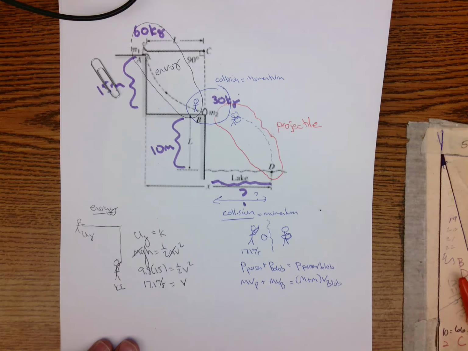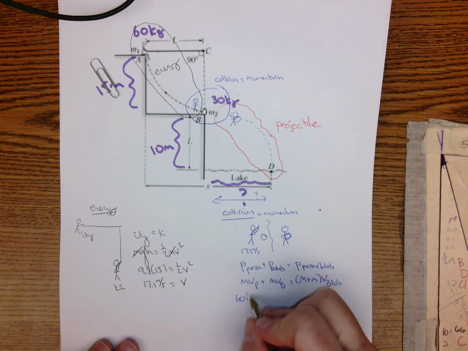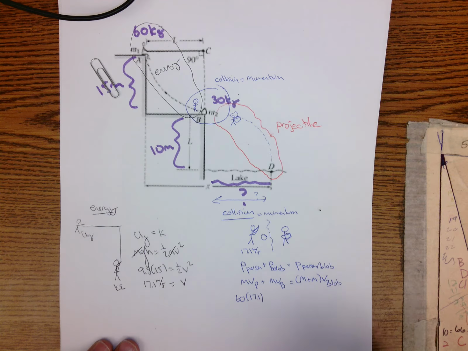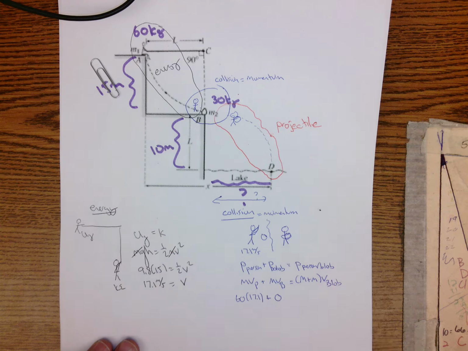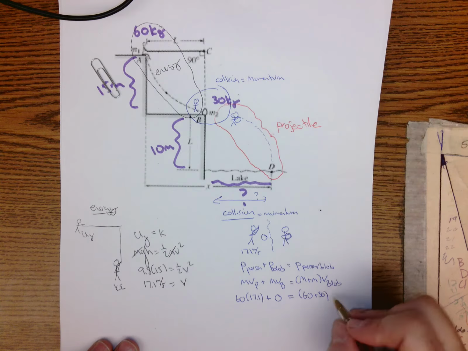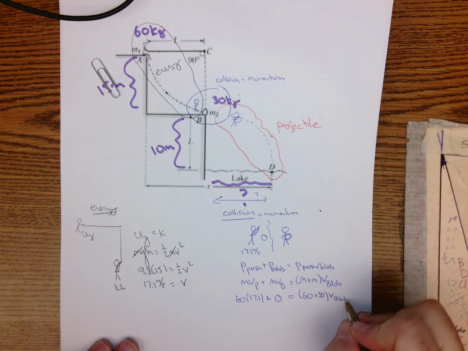So this guy's got a mass of 60 kilograms, it tells me, going 17.1 meters per second just before the collision. The package is going to pick up as 0. Now they're going to have a mass of 60 plus 30 because the guy's holding on to it, equals the velocity of both of them after the fact.